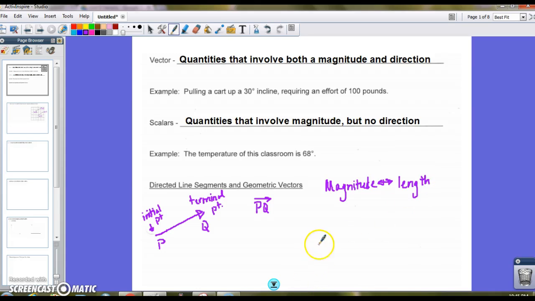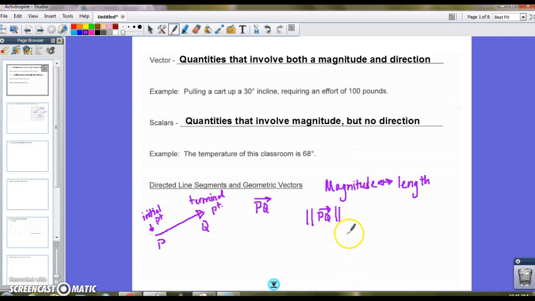Because we're talking about length, you can't have a negative distance. We talk about it in the absolute sense, so we're always talking about absolute value, and we use these double bars. That's how we represent the magnitude when you see these double bars.